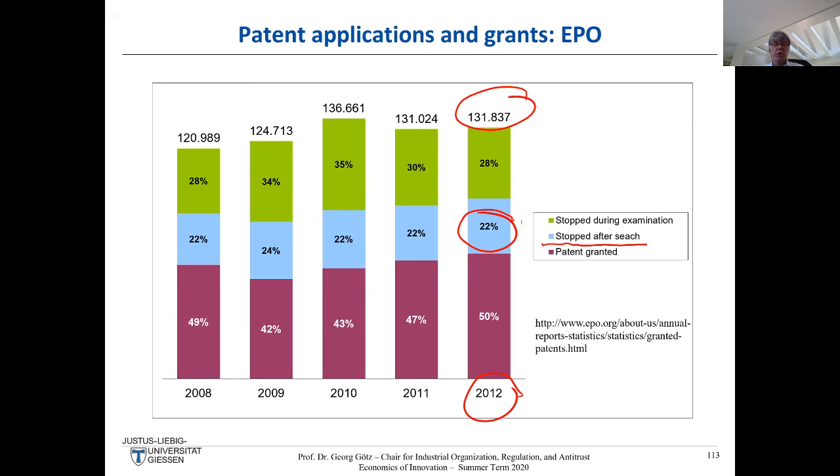What does this mean? My reading would be that the patent examiner just looked into the literature, into the old patent applications and filings, and saw, oh, this innovation has already been patented, or in a similar way.